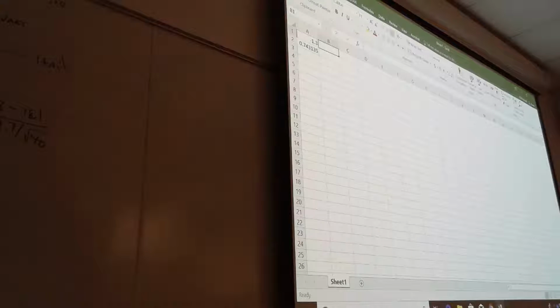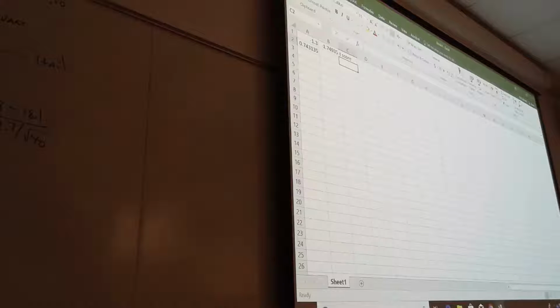Okay, we'll take our numerator, divide by our denominator, and we get negative 1.74. That's my t-score, as opposed to a z-score. Okay, so I've got my t-score.